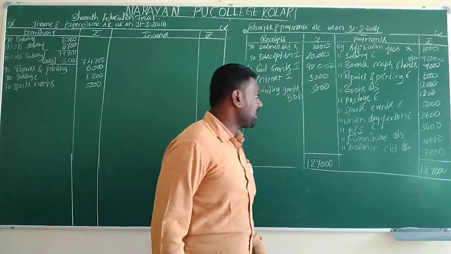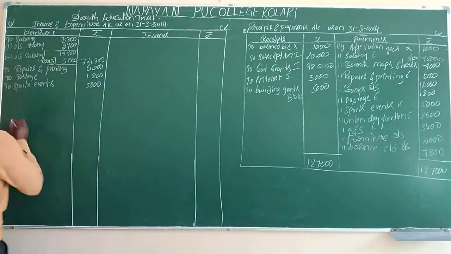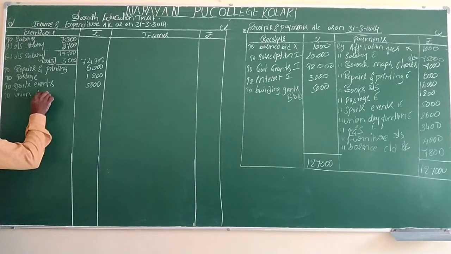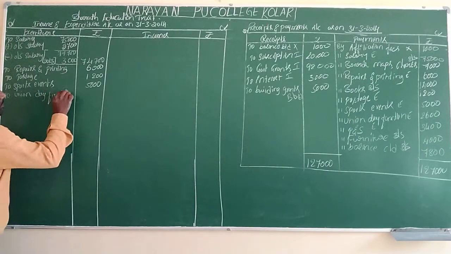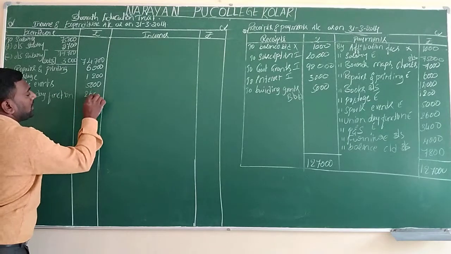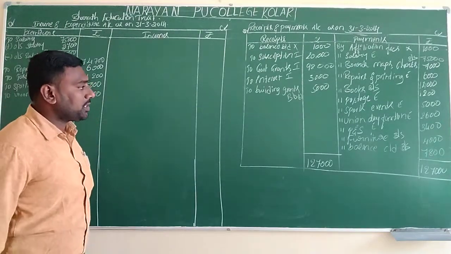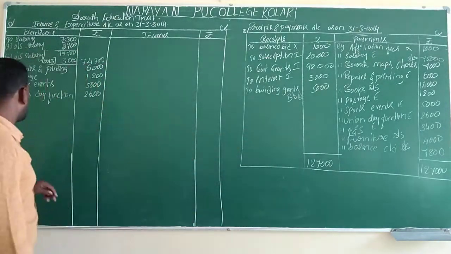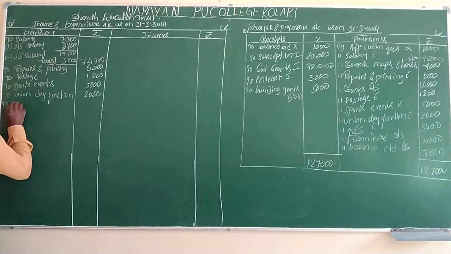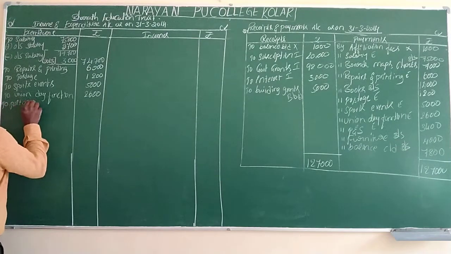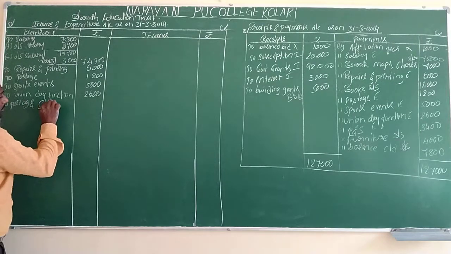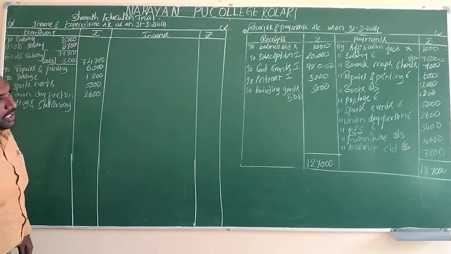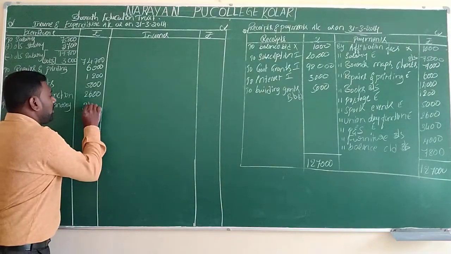That is 5,000 rupees. And also Union Day function. For Union Day, we should write to Union Day function. That is 2,600 rupees. The 2,600 rupees will be considered as expenditure. After that, we have postage and stationery. To postage and stationery, the value is 3,400 rupees.